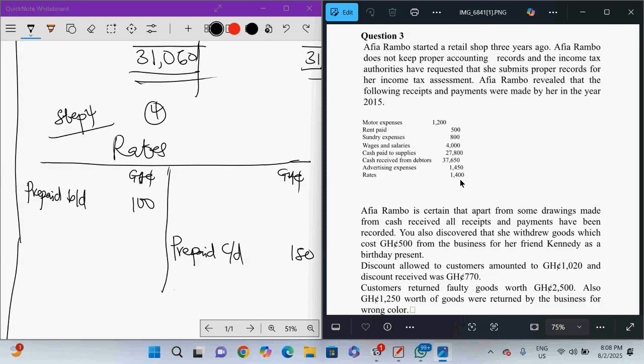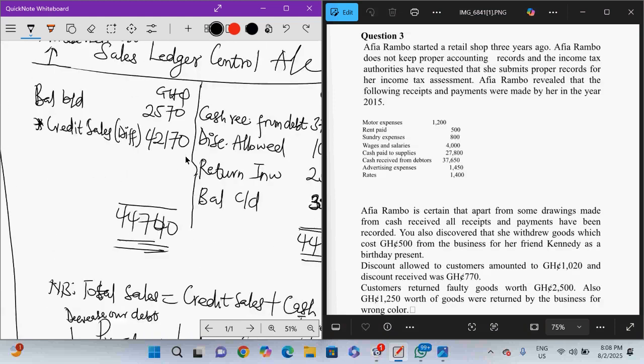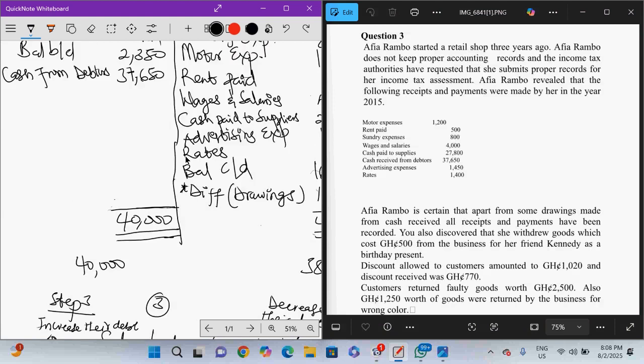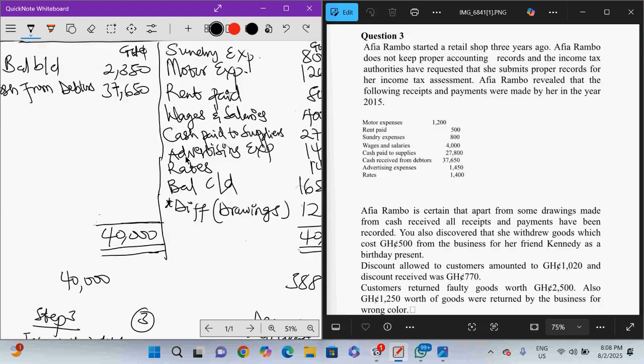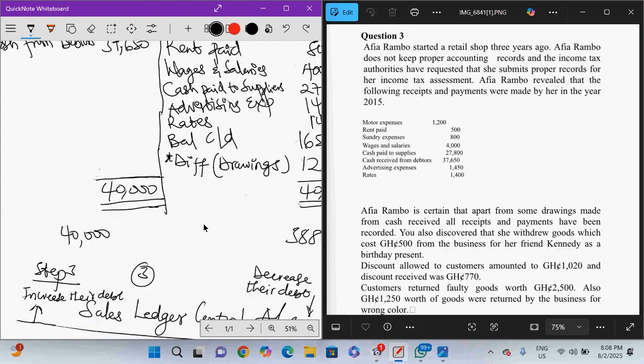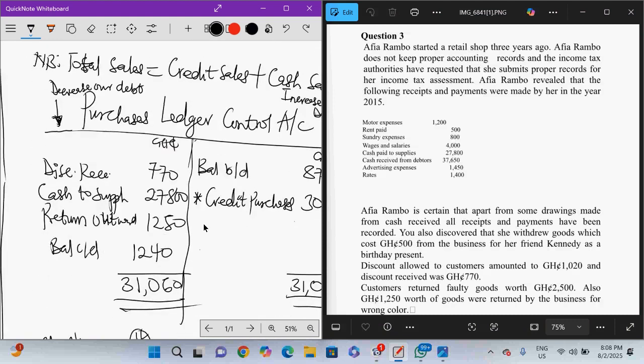So you see, this is double entry. In the cash book that we prepared, rate is at the credit side. We credited the cash book in the name of rate. What do we do to the rate account?